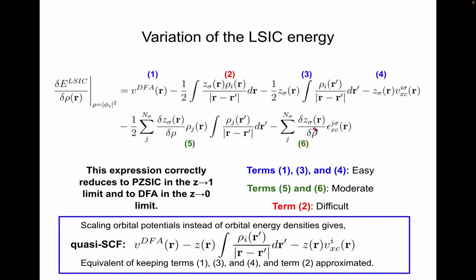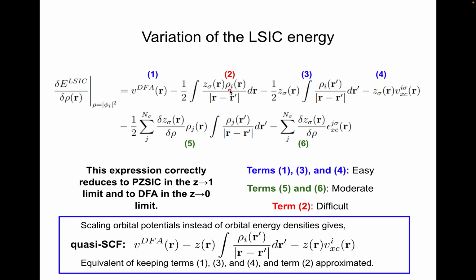But inside of the FLOSIC code, we already have tools to do so. So those are moderate difficulty. And the real challenge of implementing the full SCF LSIC into the FLOSIC code actually comes from term number 2, the scaled Coulomb term. And we will talk about this term in the next slides.